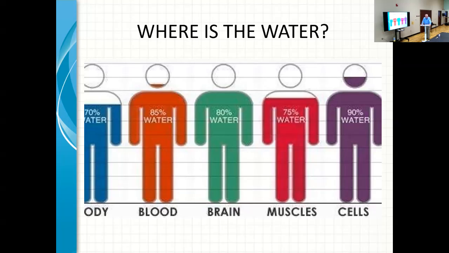That's one of the reasons why blood alcohol concentration charts had a different number for women than for men, because men typically have more muscle mass. And then the cells, the trillions and trillions of cells in your body, between those cells is 90% water. Next slide.